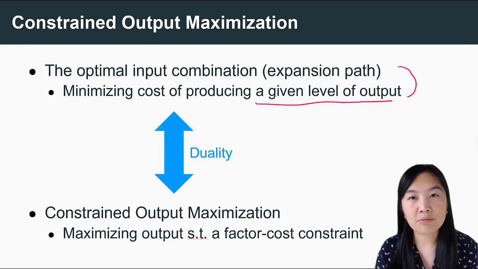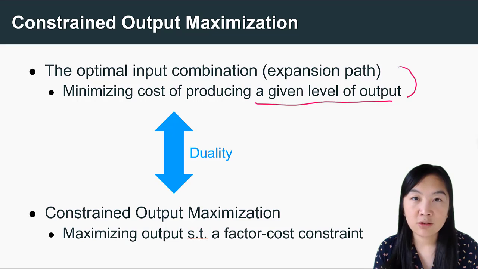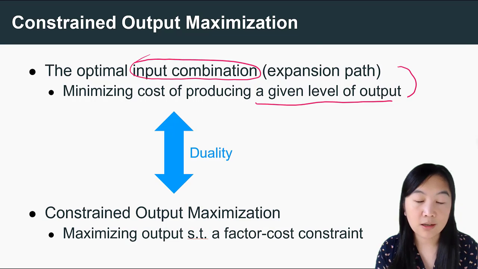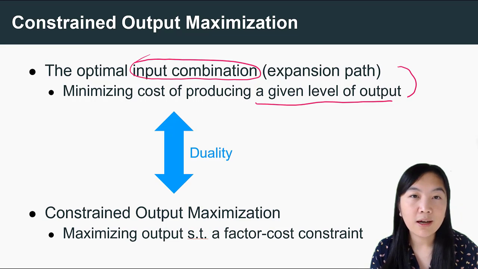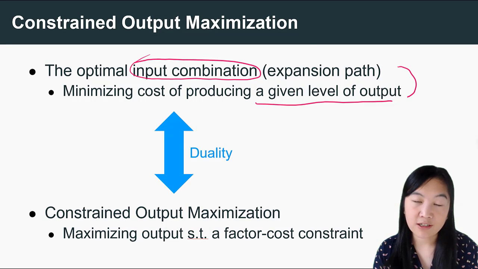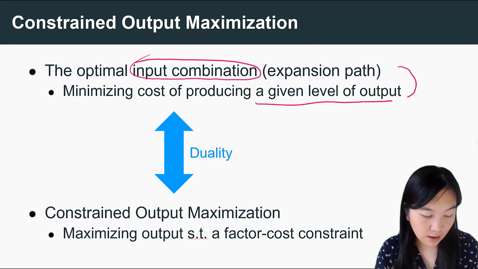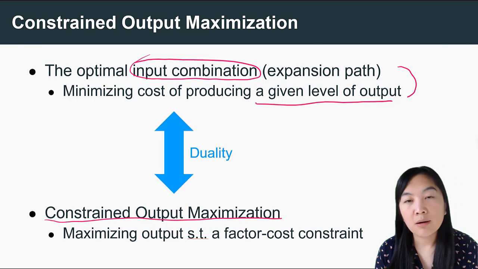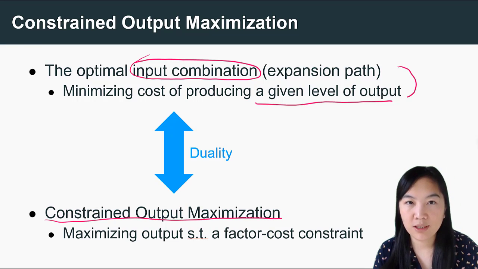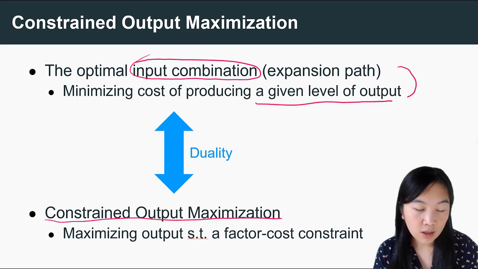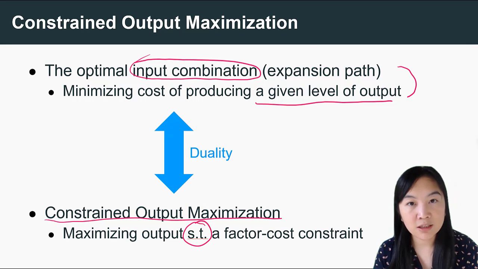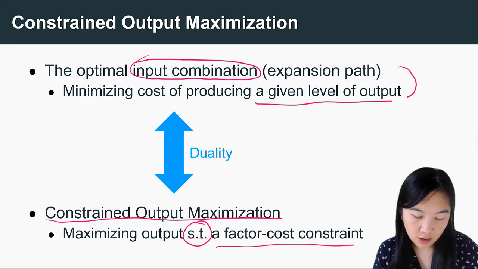And if you solve that problem, you get your solution, which is the input combination. So you will get X1 and X2 in terms of your two input prices and your production function parameters. However, if you maximize your output, so here your Y, your output level, is your objective, then you're maximizing your output subject to a factor cost constraint.